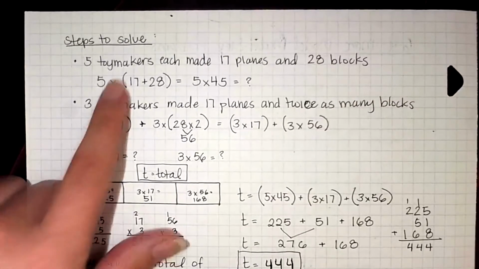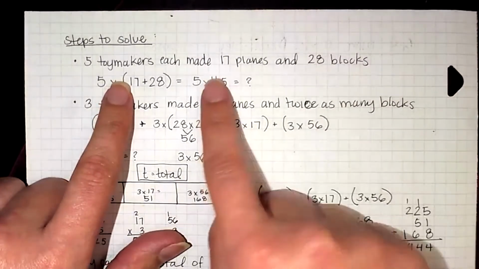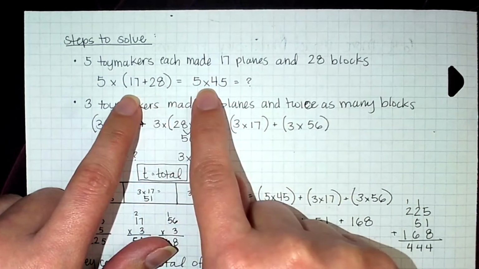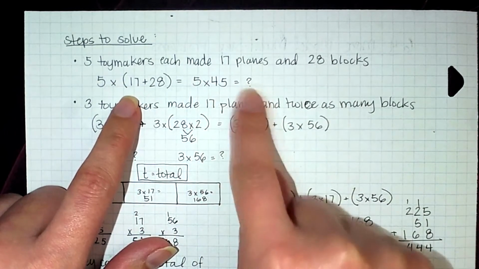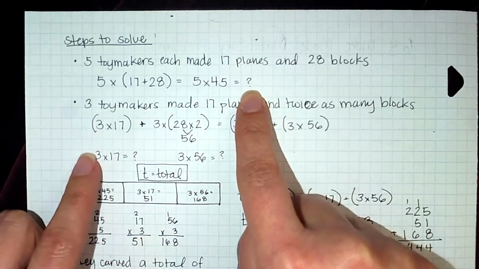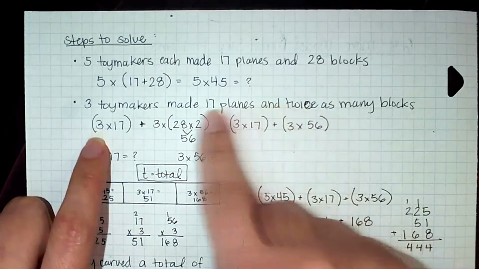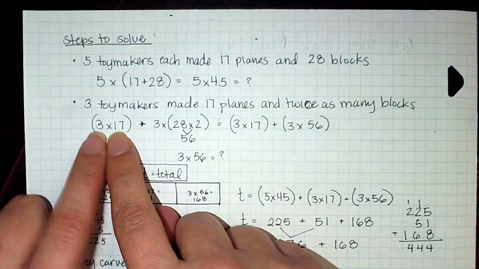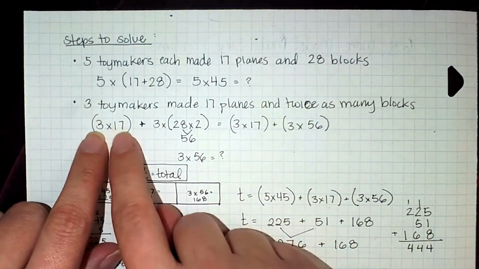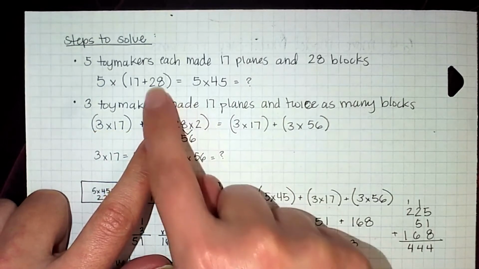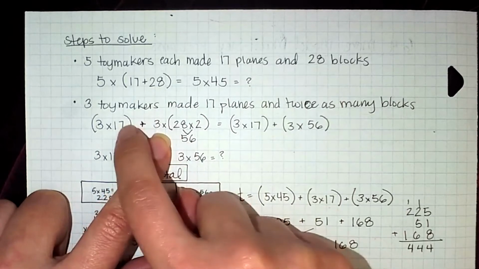So the 5 toy makers each made 17 planes and 28 blocks, which is 5 times the 17 plus 28. We said that was 5 times 45 equals however much the 5 made. The 3 toy makers made 17 planes and twice as many blocks. So 3 times 17 for the planes.